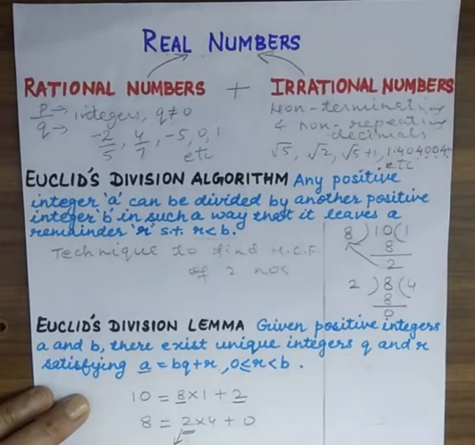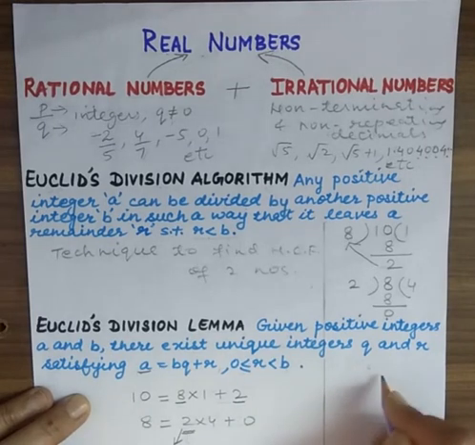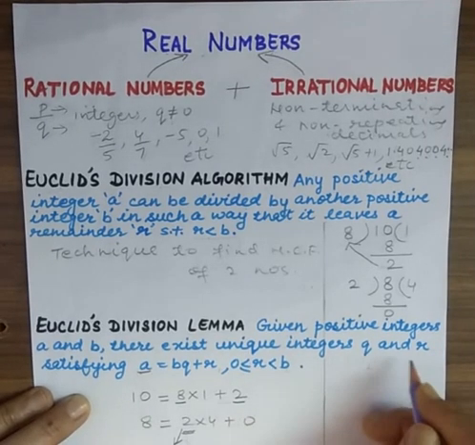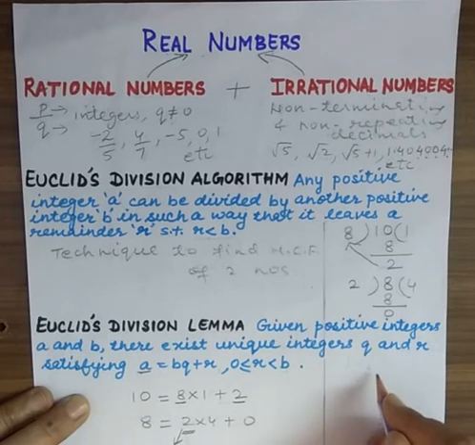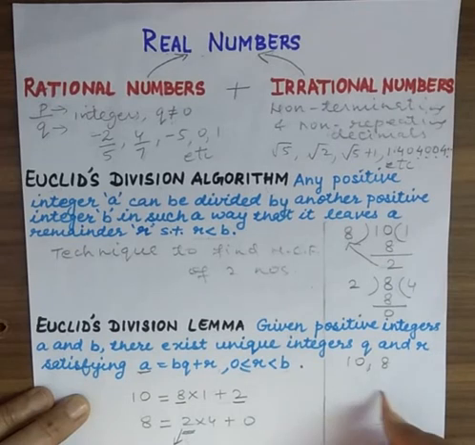So it strikes to one of the methods we have studied in lower classes of finding the HCF by division method. Suppose I am taking the same numbers. Suppose we have to find the HCF of 10 and 8 using long division method. Then what do we do?